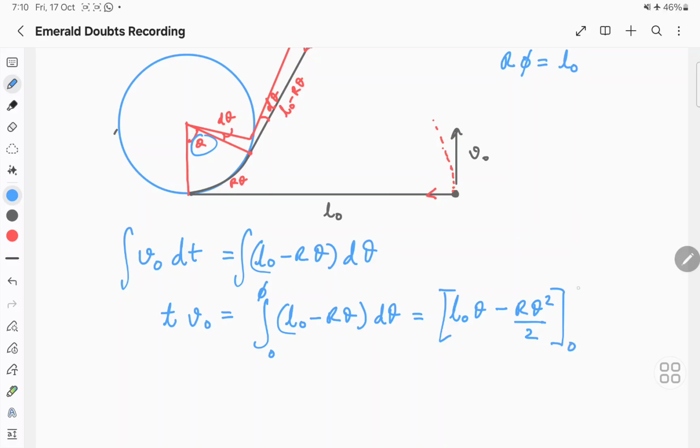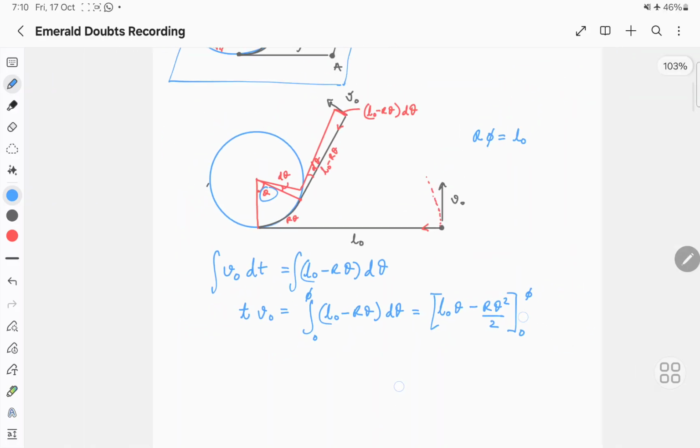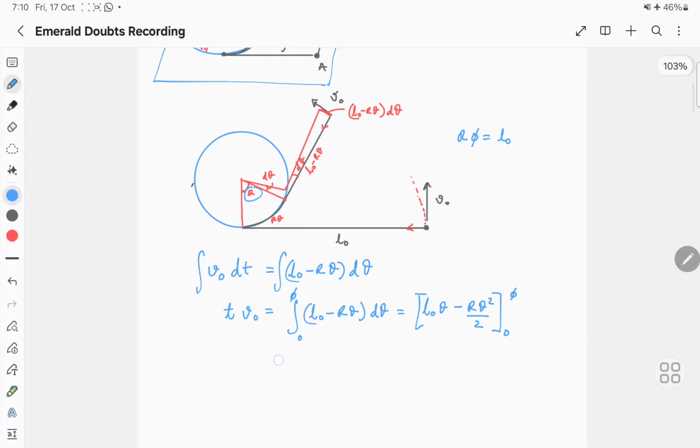We are going to get L naught phi. I'll straight away put the phi value, so that is L naught by r. So L naught square by r minus r L naught square by r square. So one r gets cancelled. So L naught square by 2r.